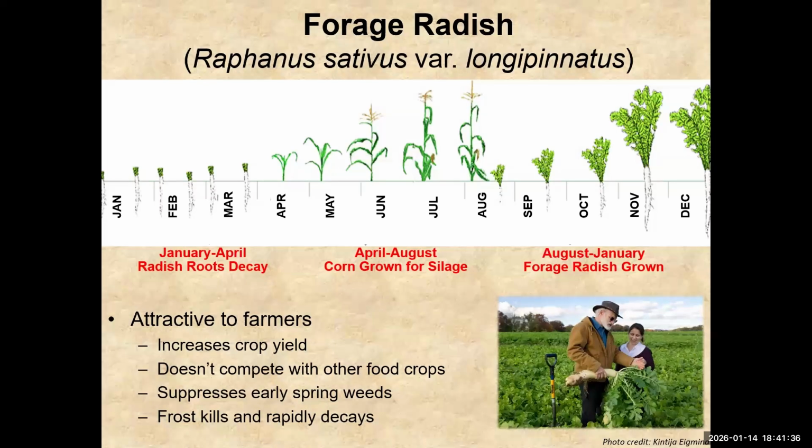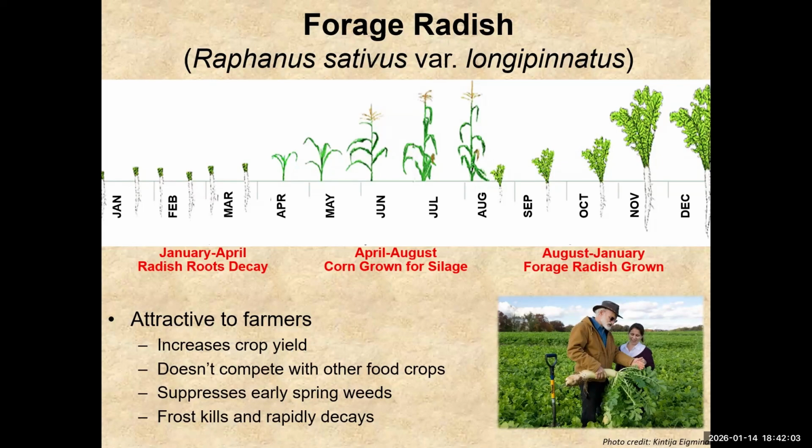Now, traditionally, this forage radish would not be harvested because after several consecutive nights when the temperatures are below -6 degrees C, this cover crop is going to winter kill. And so this typically occurs in late December or January. And so as this cover crop rapidly decays, it leaves behind a clean and enhanced seed bed.